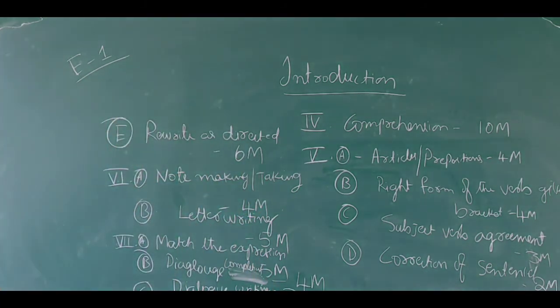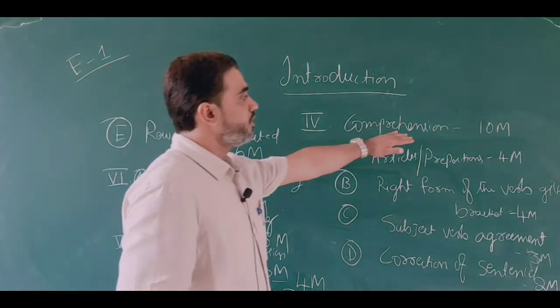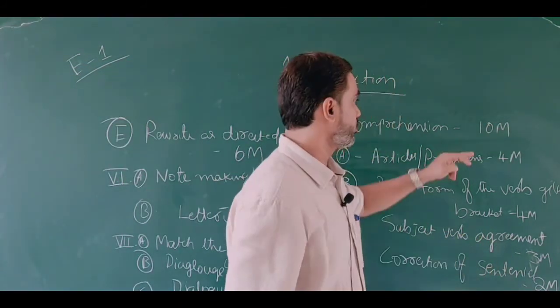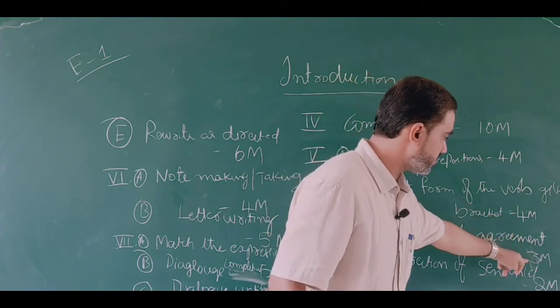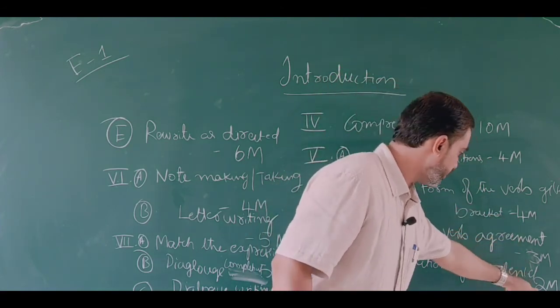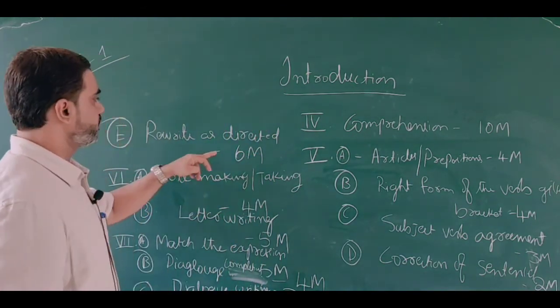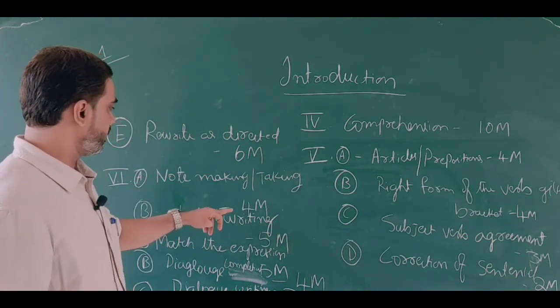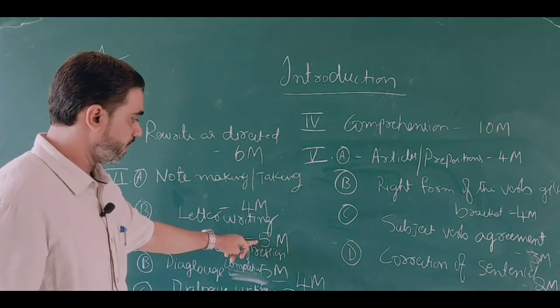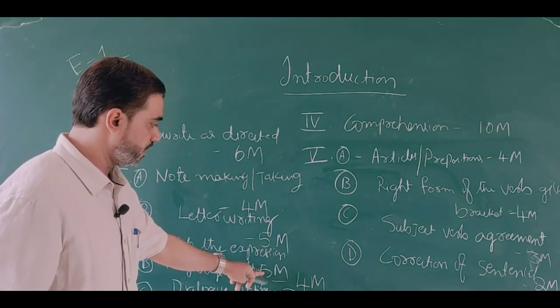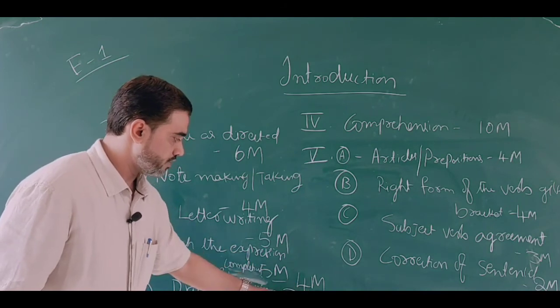So let me tell you, if you have covered some 50 marks out of it: 10 plus 4, 14, and 4, 18, plus 3, 21, 23. So 23 plus 6, 29, 29 plus 4, 33, 38, and then 43, 47, 50.